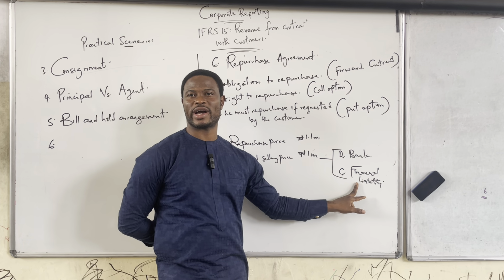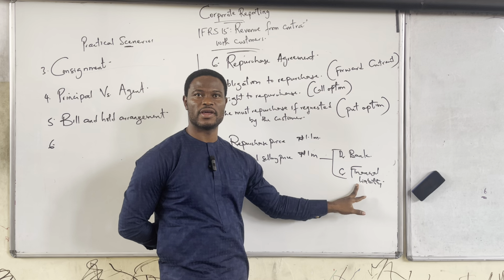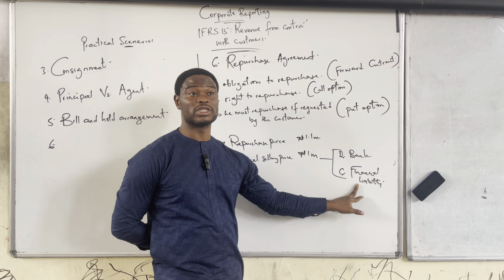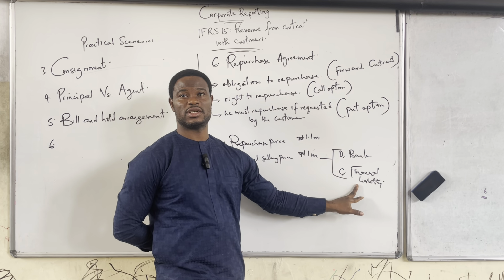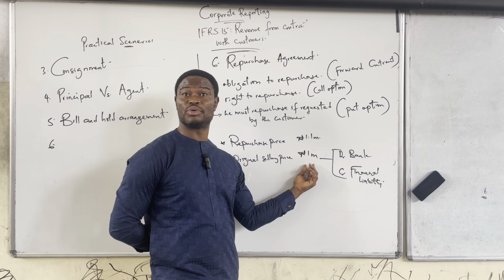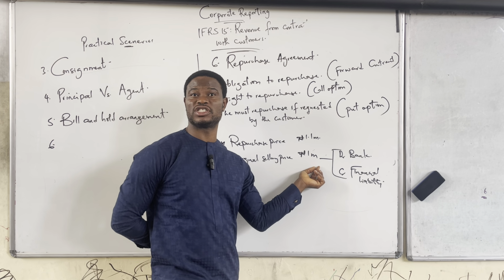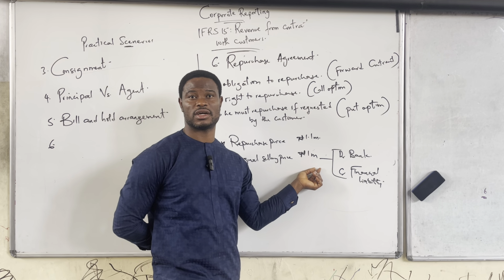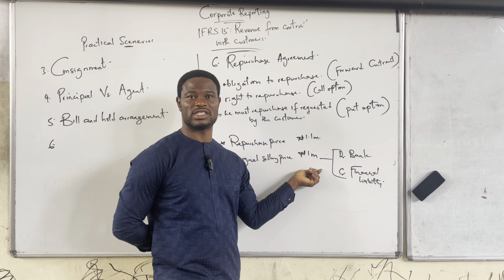I mean, the question is why? Because we are saying this is a loan arrangement. That's what we are saying. What we are saying is that you borrowed money and you are using those goods or assets as collateral. That's what this is saying.